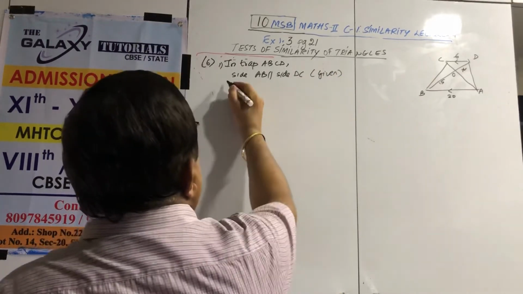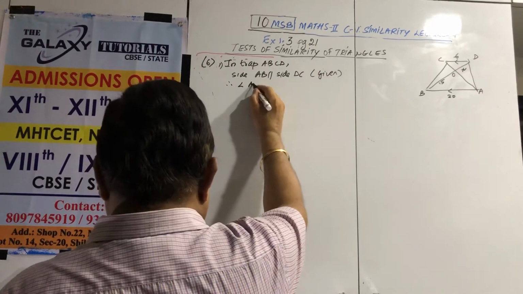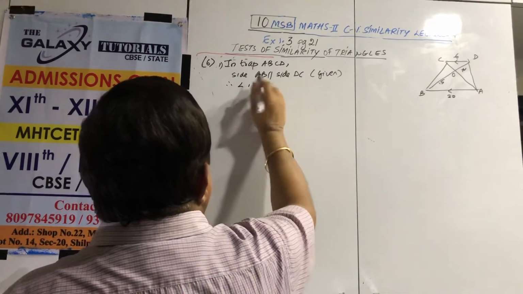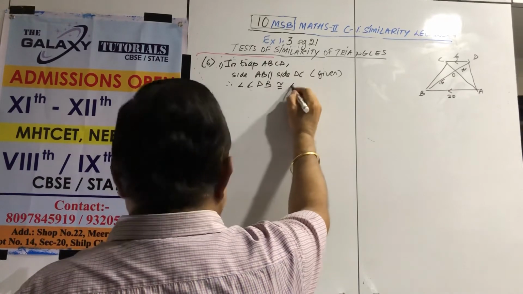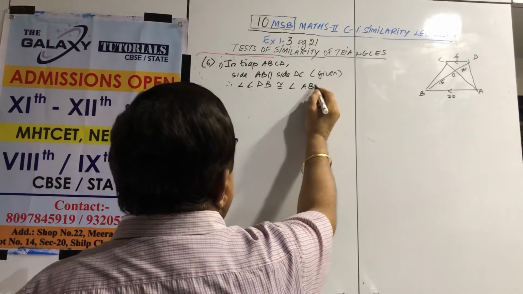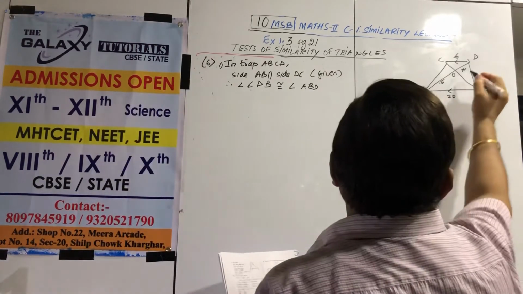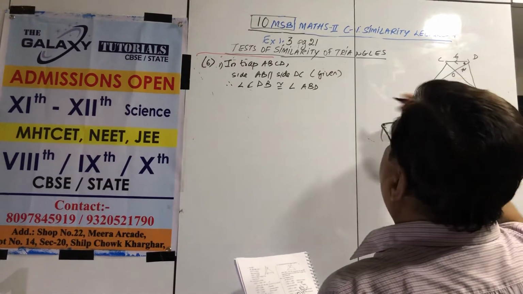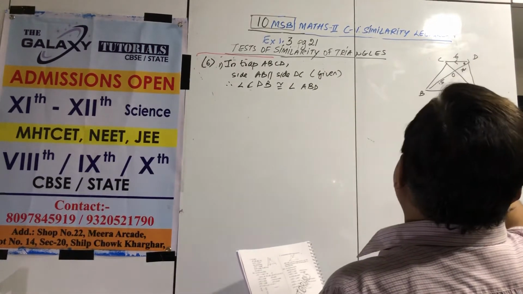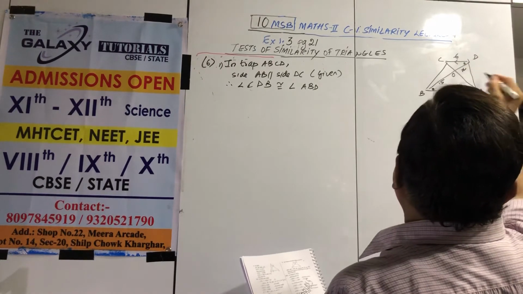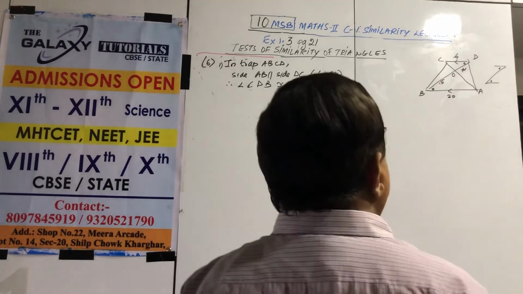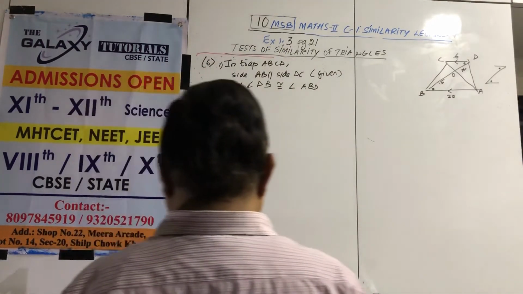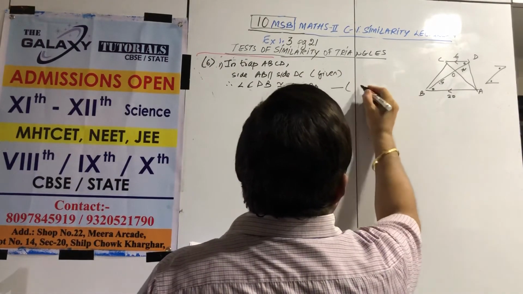Therefore, angle CDB is congruent to angle ABD. You can see, my friends, alternate angles. So we will write there, alternate angles.